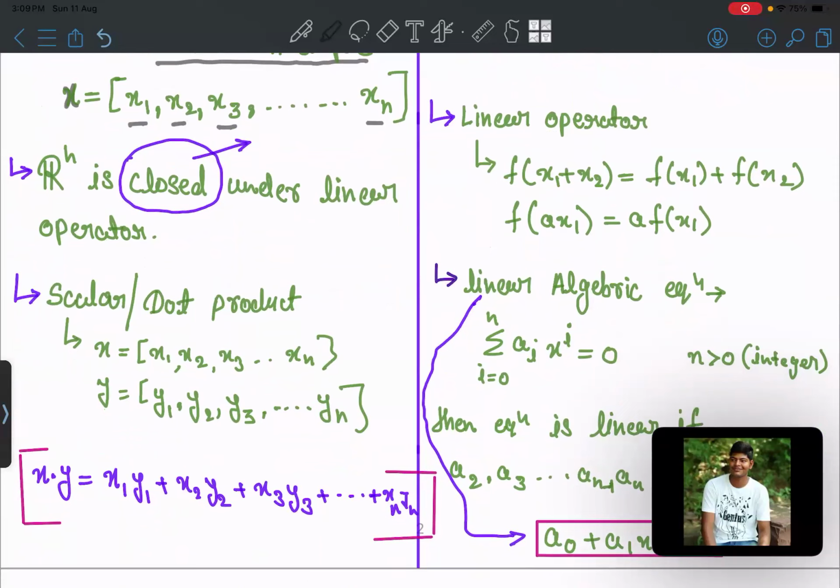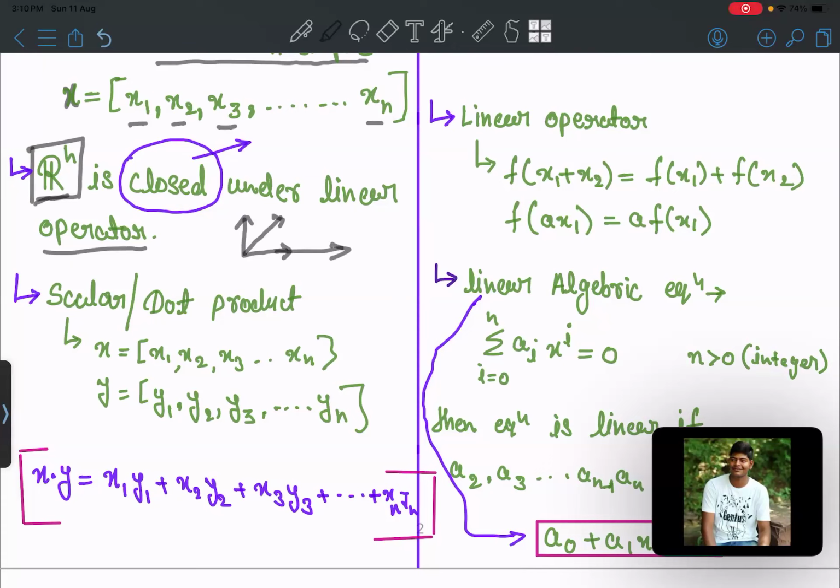As we have discussed, vector addition and scalar multiplication combinedly are known as linear operator. This n-dimensional space is closed under linear operators. What does that mean? Suppose I take two vectors in n-dimensional space, and I find their summation or some scalar multiplication.